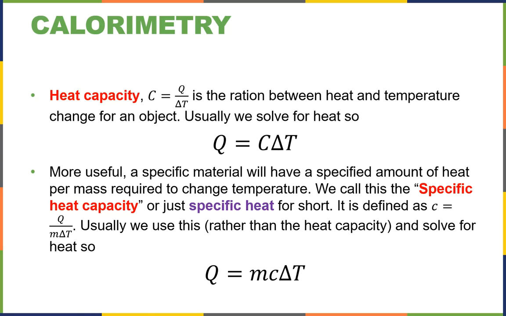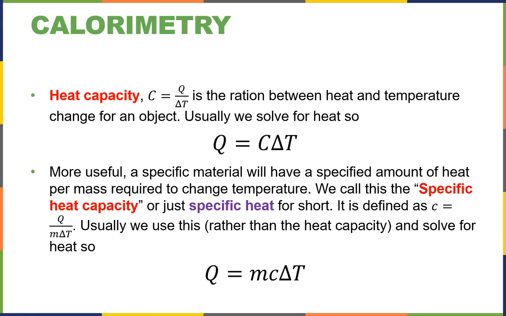And the specific heat is the heat divided by mass times change in temperature. And that gives us something that is constant for any material that's the same. So like all water has the same specific heat, C. It doesn't have the same heat capacity. It has the same specific heat.